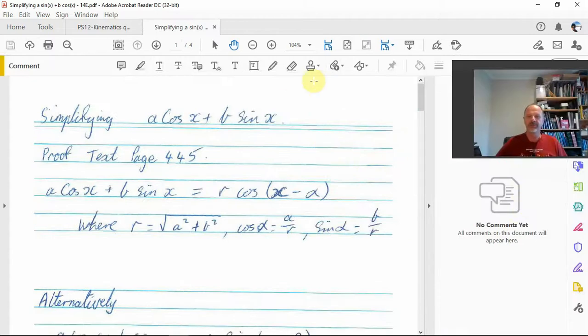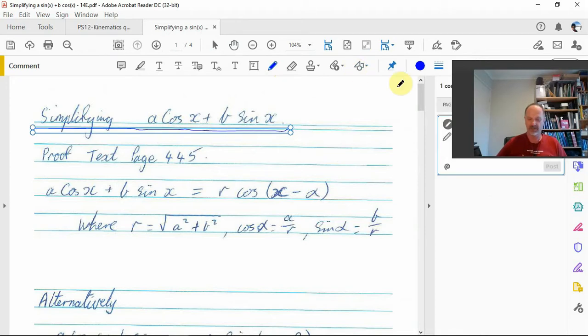All right, this is the last bit of this topic. So, simplifying something of the form a cos x plus b sin x. In your textbook there's a proof of this.